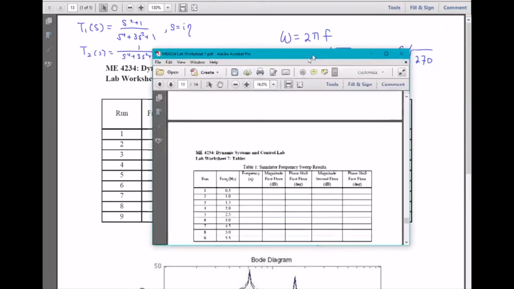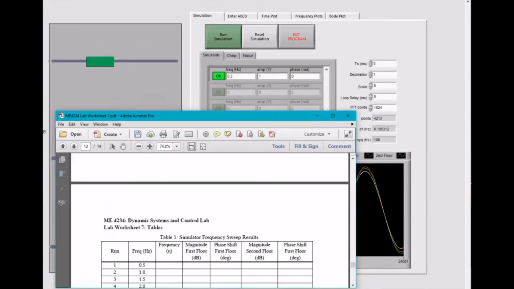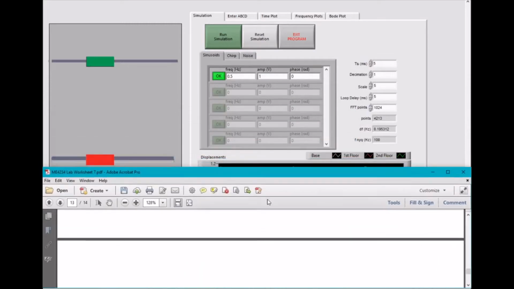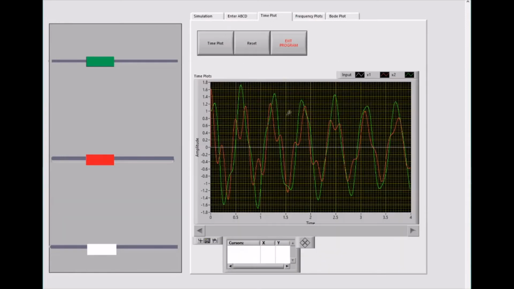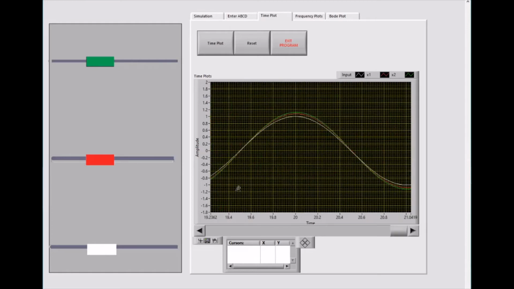I'm ready because I'm going to look at the time plot now. Okay, I'm going to plot it, and I'm going to look at just a little bit of it at the top.